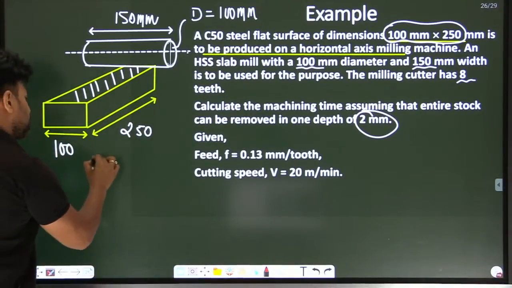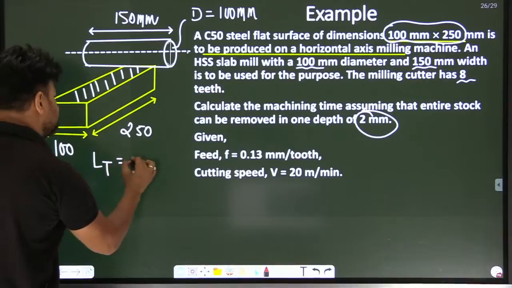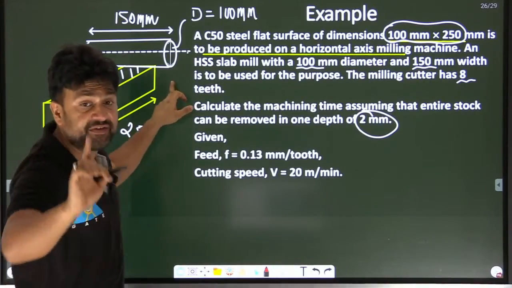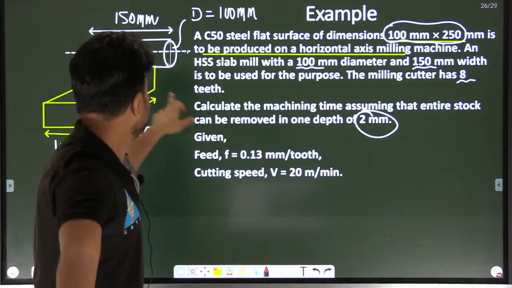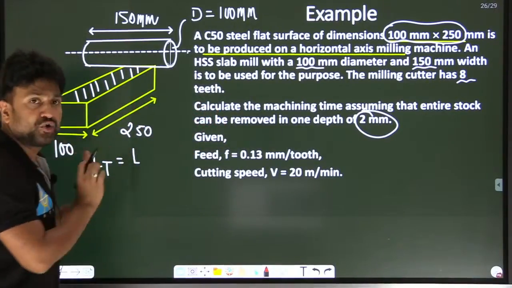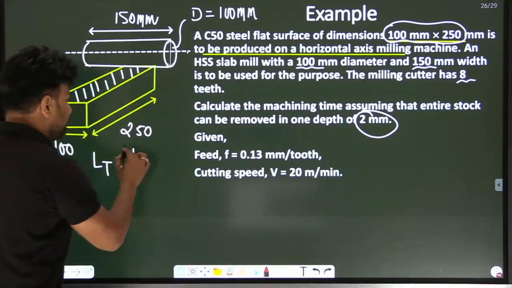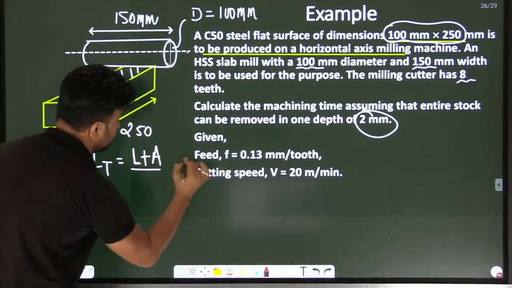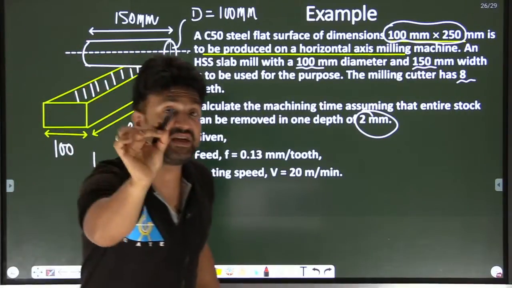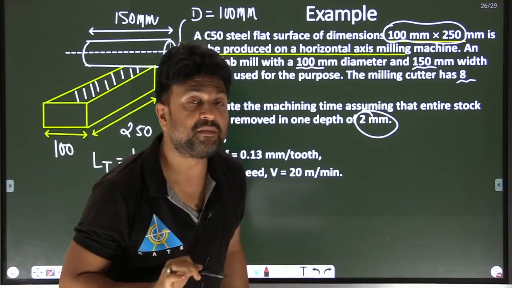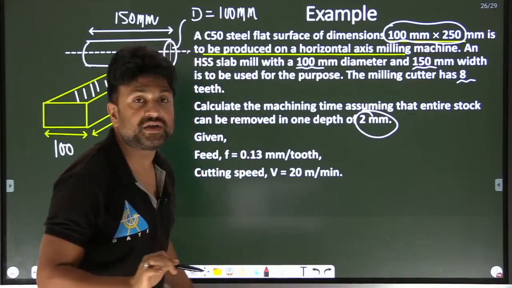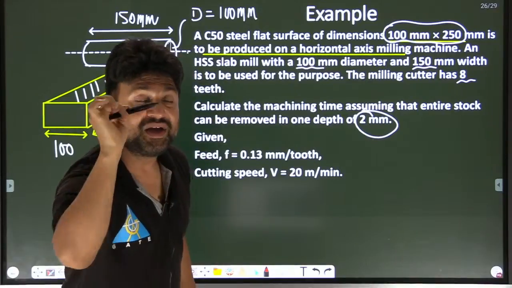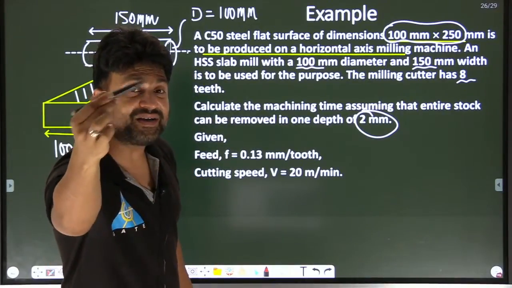So you know that the total machining length is what? Here the approach length is not given, so I am not going to add that clearance. The compulsory machining length is L plus A. In that question, over travel distance is not given.